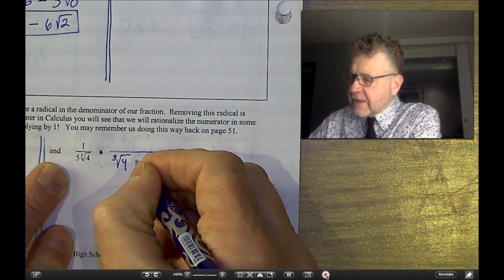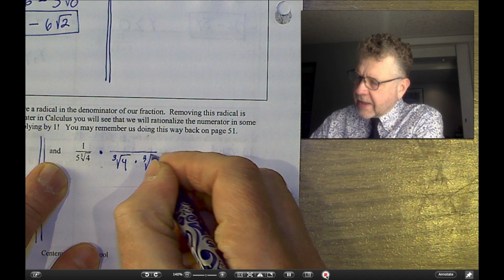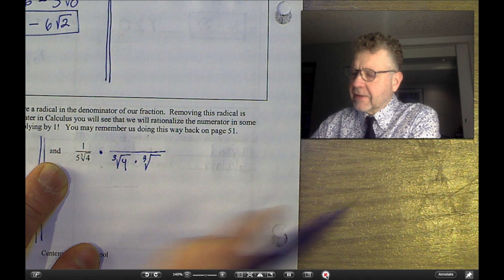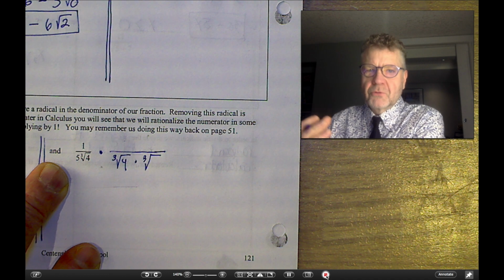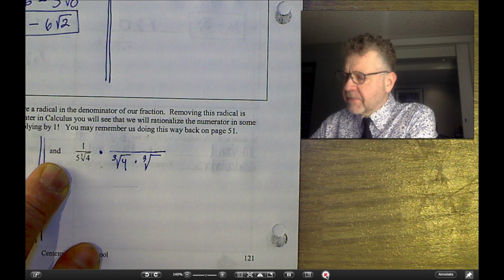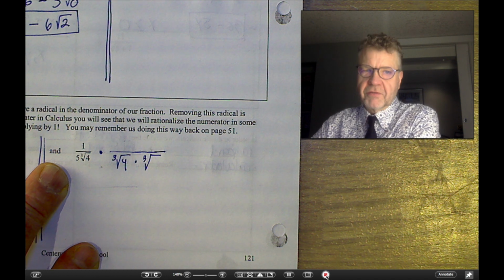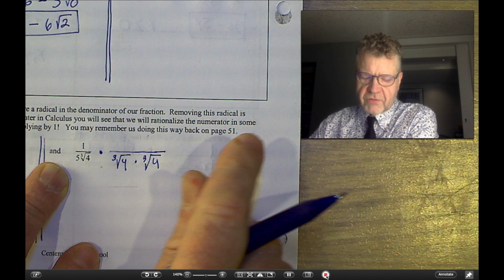But to get rid of the cube root radical, we have to multiply it by something that will truly cancel out or get rid of the multiplications. How do you do that? Well, the cube root of 4 times the cube root of 4 is going to get rid of it.